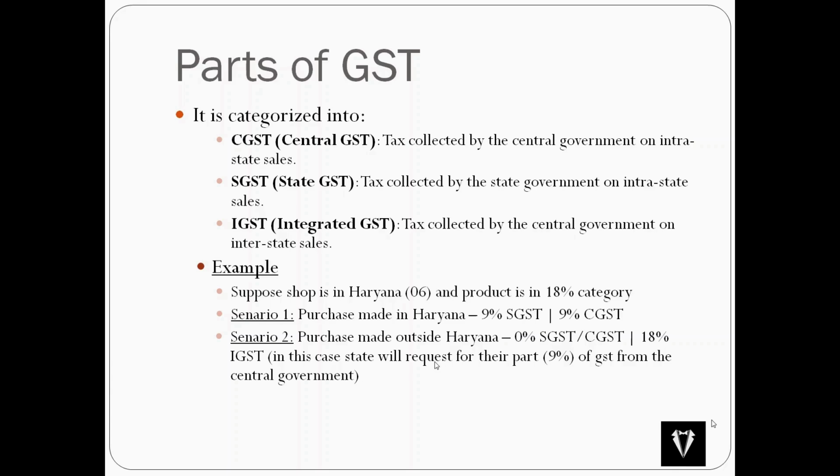Then you have to categorize your sale into CGST, SGST, and IGST, and file all three parts in the GSTR, the GST return. Okay, so these are the important parts of GST. Any doubts on this? If everyone got it, please reply thumbs up.